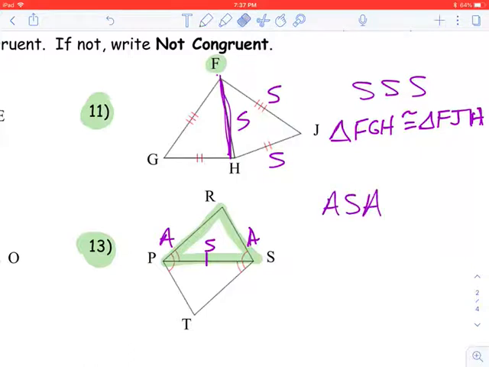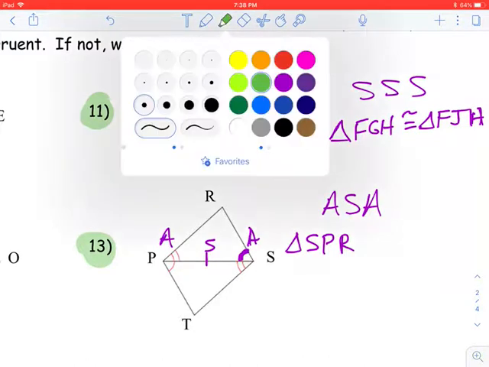And then let's get the correct order. So on the top one, I'm going to start with the one that's labeled with one thing. So S. So triangle S. And I'm going to go to the two labeled. So SPR. So I went SPR for the triangle. Okay, so if that's the case, I've got to start with the same spot on the bottom.